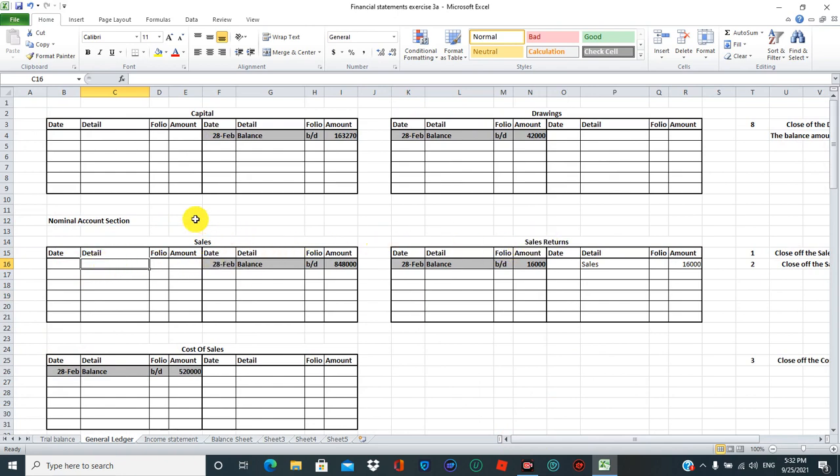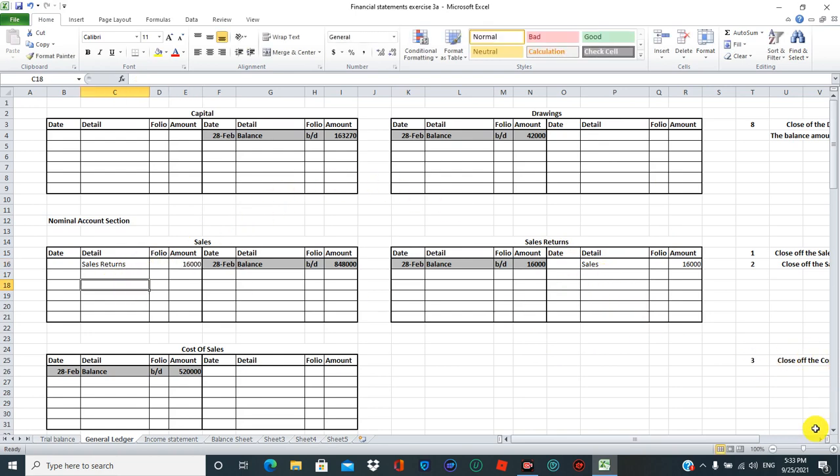You should know how this works if you've done bookkeeping to trial balance. Well, obviously, you can't do this subject unless you've done bookkeeping to trial balance. So the other leg there is sales returns, and then the amount is 16,000. All right, so we've done the first step, closing off the sales return to the sales account.